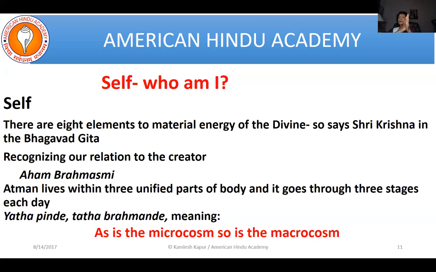So just praying as laid down by somebody is neither here nor there. You have to understand our relation to the Creator.